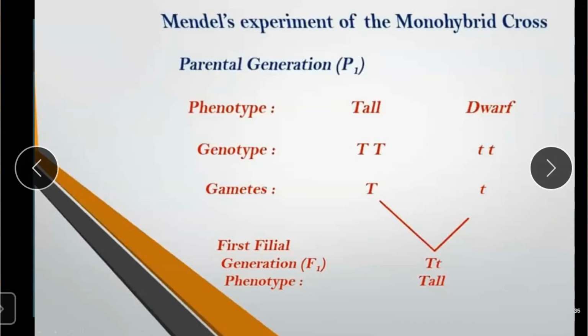After crossing, the F1 generation is obtained. F is for filial, and you can see in the chart it is written F1. All the F1 offspring were tall and none of them was dwarf. You can see in the table all the plants are tall. So Mendel called tallness a dominant character, while dwarf is said to be a recessive character as it was not showing its presence.